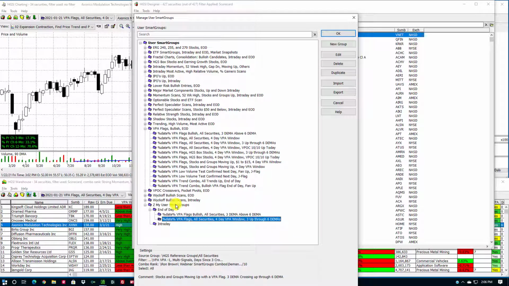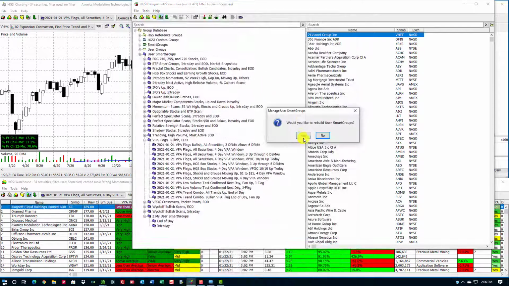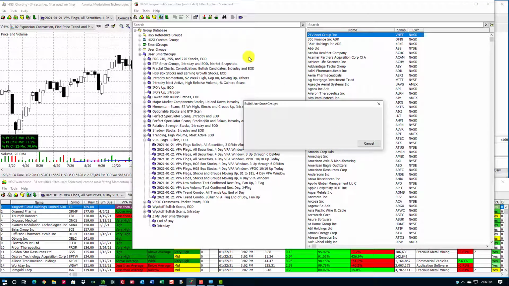Now these two I'm going to concentrate on this week. Even though these are end of day scans, you use them in conjunction with intraday, and you can see that's what I'm doing right now, and it's going to help you find the stocks that are moving. I'll go ahead and rebuild this.